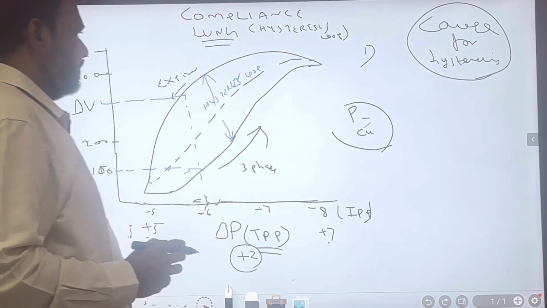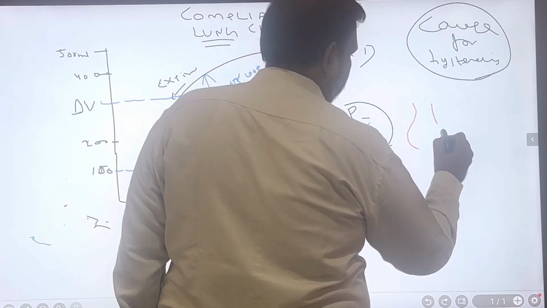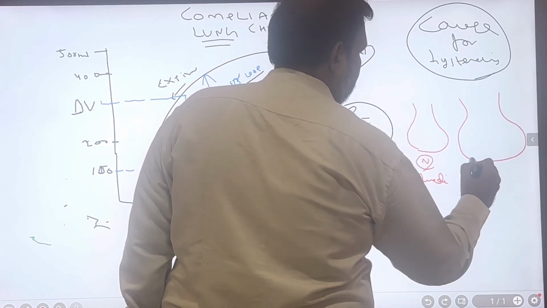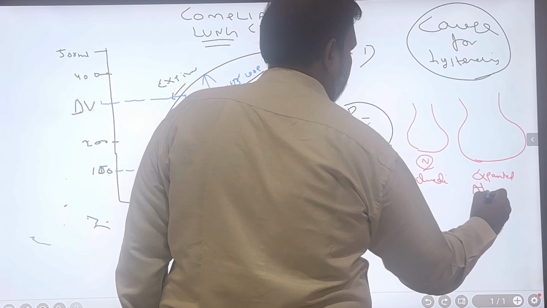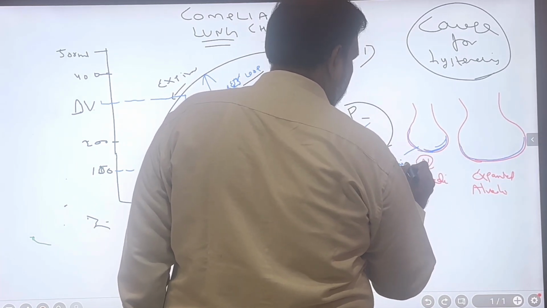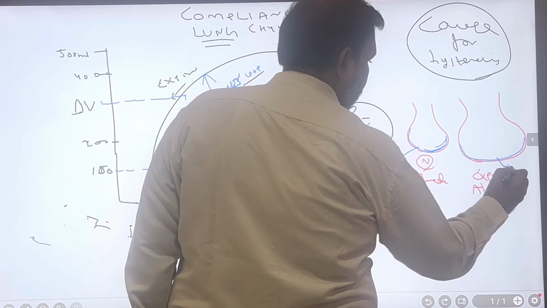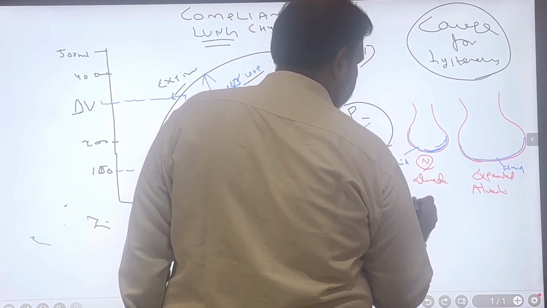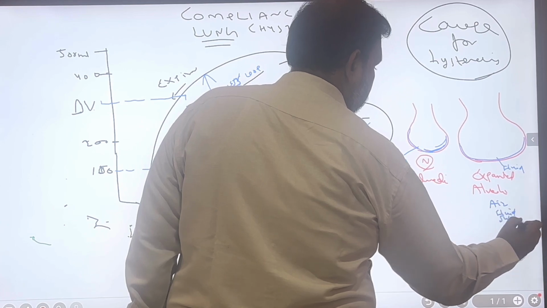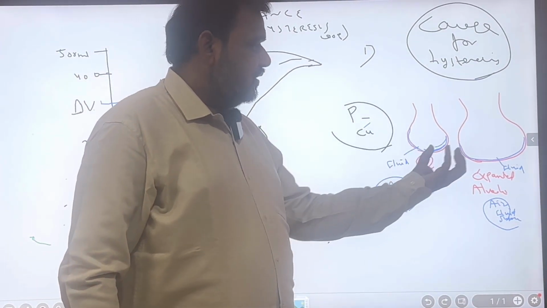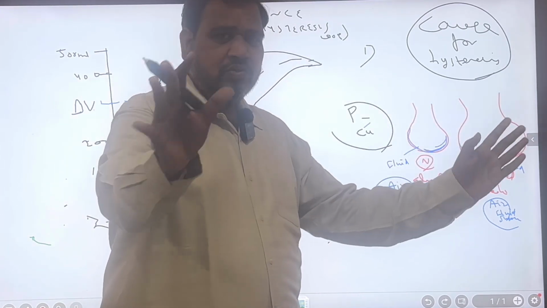Yes, concentrate. I am going to draw alveoli. Normal alveoli, expanded alveoli. Alveoli has alveolar fluid or air, a fluid surface. Just concentrate here. Normal alveoli at rest. When I inspire, the alveoli expands, no doubt in that.